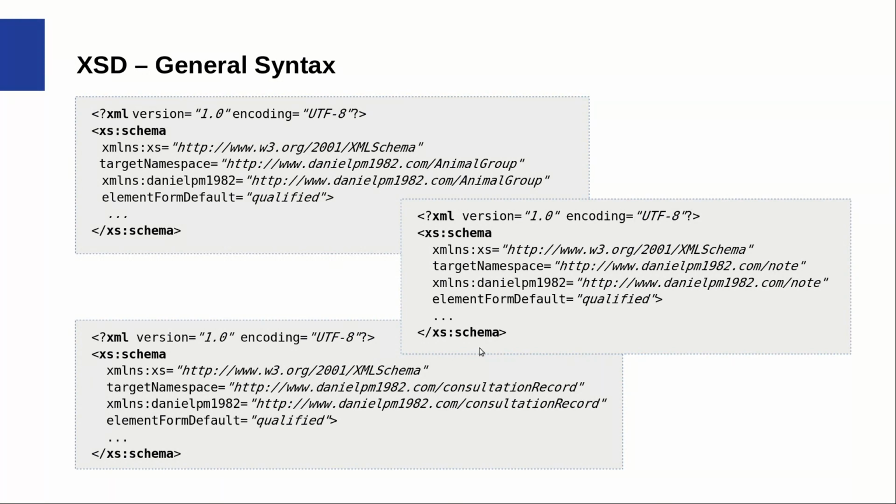Here is another example, also with the prologue, with the schema element, and as attributes of the schema element, you have the default namespace from W3C associated to the xs prefix. You have a target namespace ending with /node.